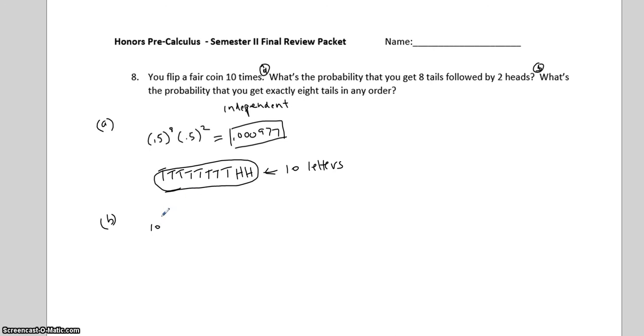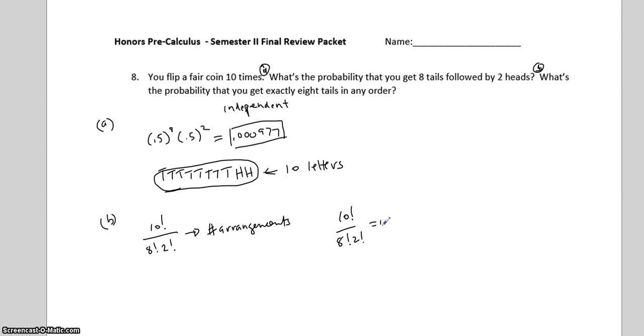We're going to take 10 factorial, the number of ways to arrange these 10 things, and divide out the repeats, 8 factorial, 2 factorial. That would be the number of arrangements of the ways that 8 tails exactly could occur.